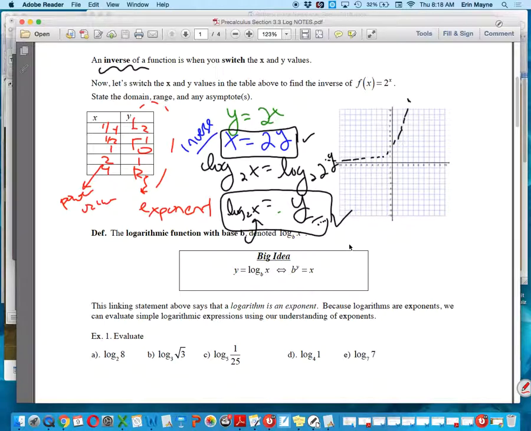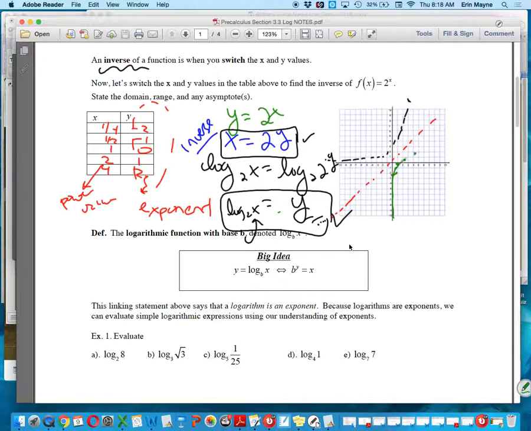They reflect about the line y equals x. So when I go to graph these points, I have 1/4, -2; 1/2, -1; 1, 0; 2, 1; 4, 2.